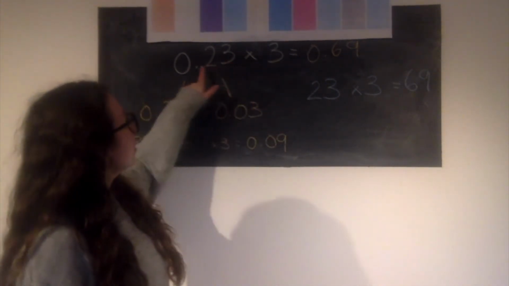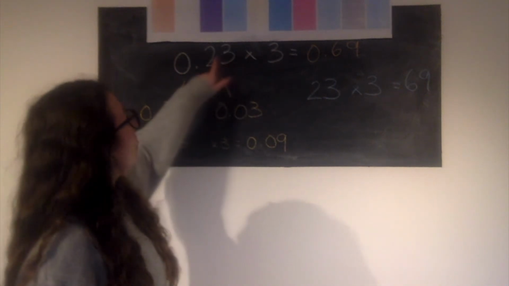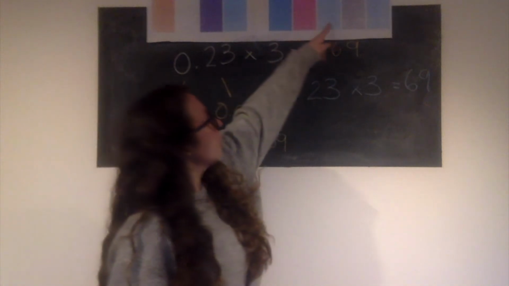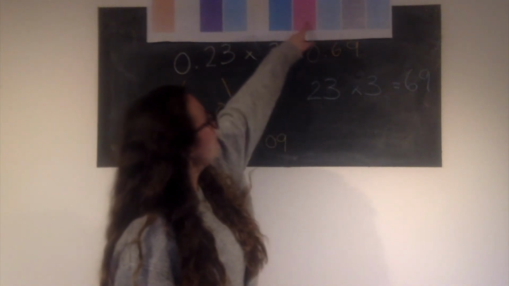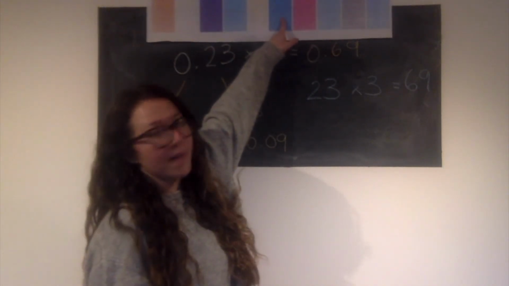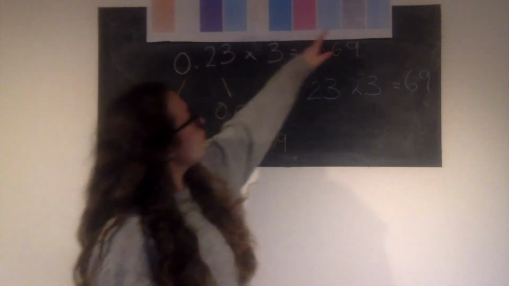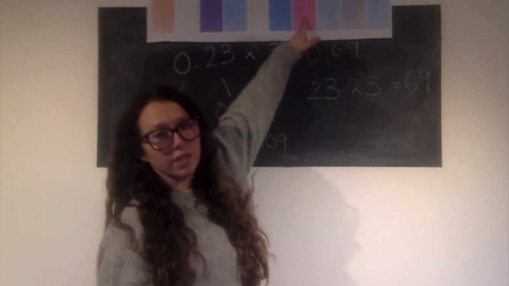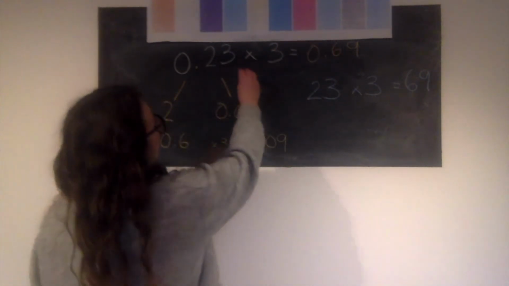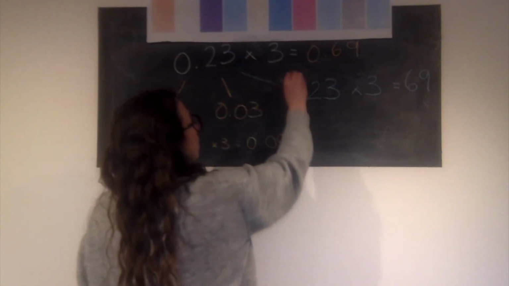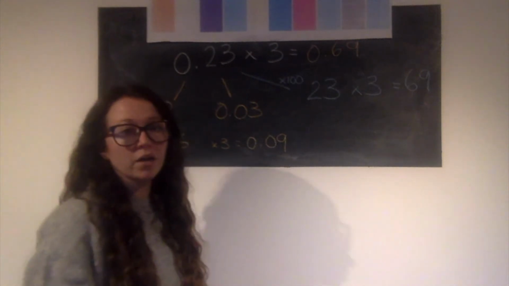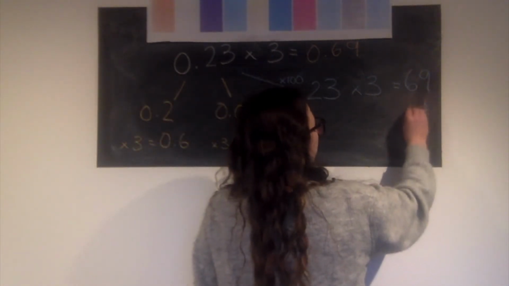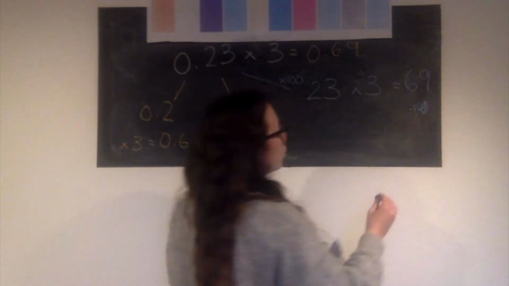We timesed 0.23 by 100 to get to here, because my 2 tenths have turned into units by times 10, times 100 to get to tens, and the same for my hundredths, times 10 to get to tenths, times 100 to get to units. So if I've multiplied it by 100 to get my whole number, we need to divide our answer by 100 to make it accurate, our adjustment.